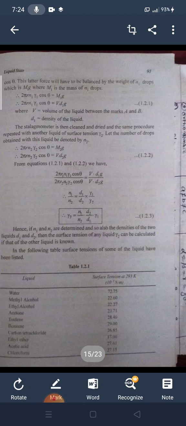So 2πr N1 γ1 cos θ is equal to m1g, which is equal to V d1 g. Mass is nothing but volume into density.